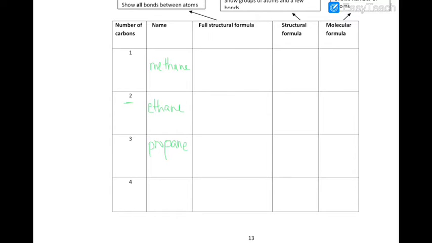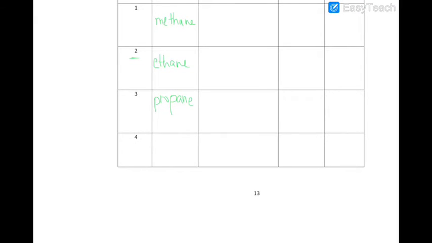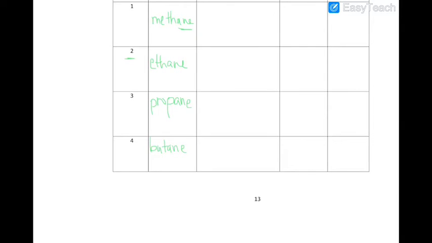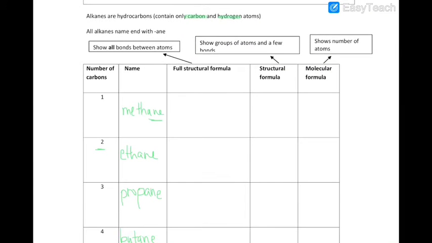It's a single word. And four carbons is butane. It should end with ane, and the prefix tells you how many carbons there are. You should know the prefixes and what they mean.